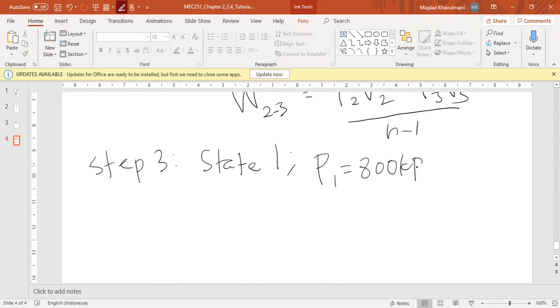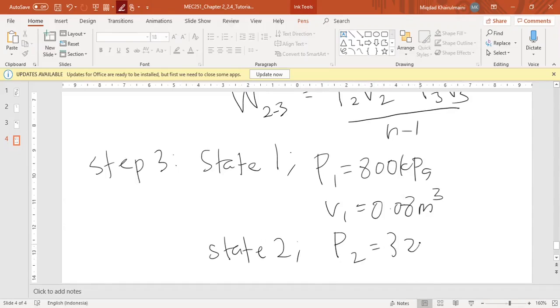No harm done. State 2, no properties required either, so we write it down, 3,200 kilopascal and V2, if I'm not mistaken, 0.02. Now for state 3, here is where we need to find some properties.